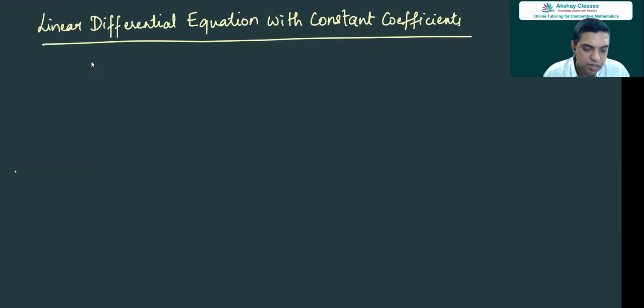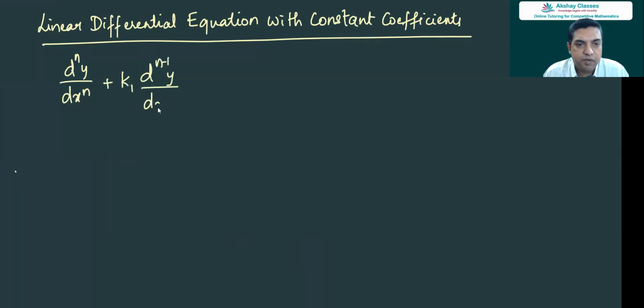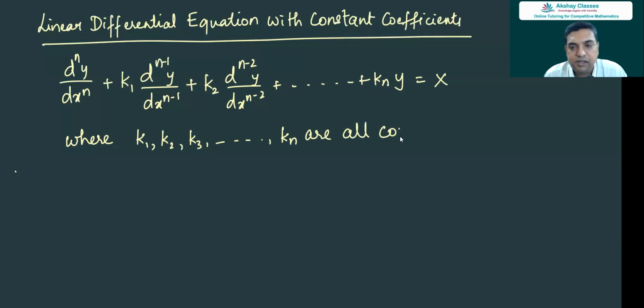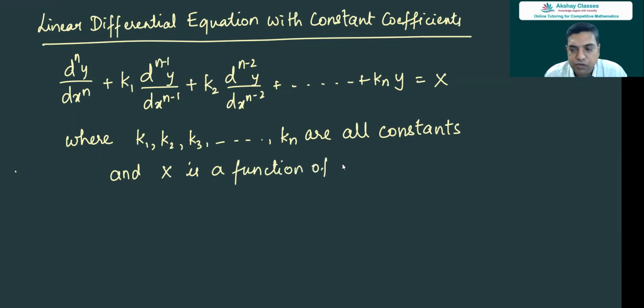This is the nth derivative of y plus k1 times the n minus first derivative of y plus k2 times the n minus second derivative of y, plus kn times y is equal to x, where k1, k2, k3 up to kn are all constants, and x is a function of small x alone.